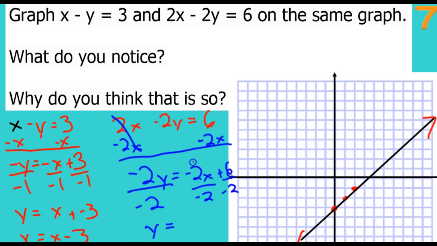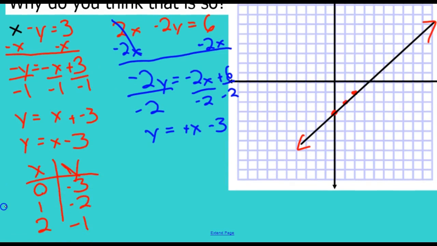Y equals x. Oh, sorry, not negative, because two negatives make a positive. So x, and 6 divided by negative 2 is negative 3. So we have x minus 3. So we got the same equation.